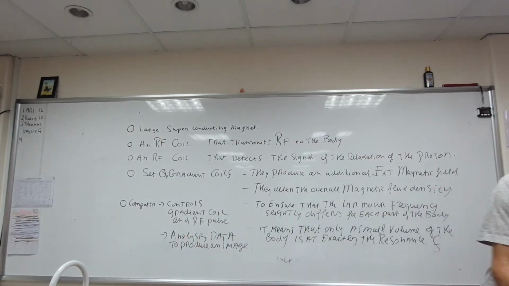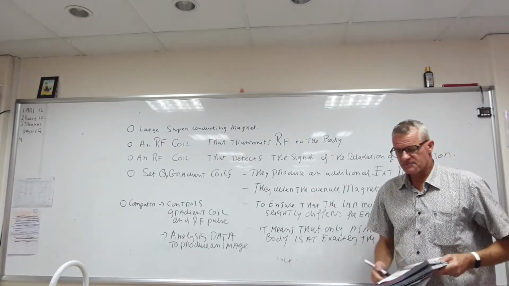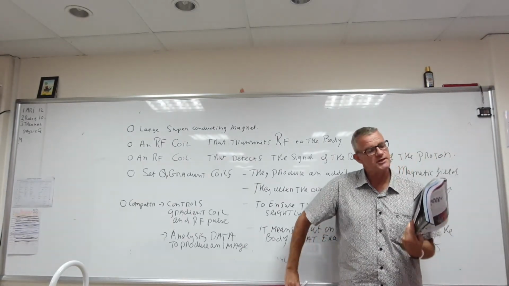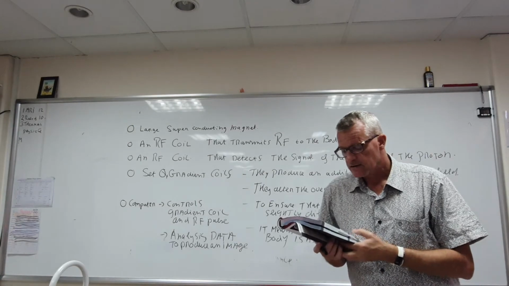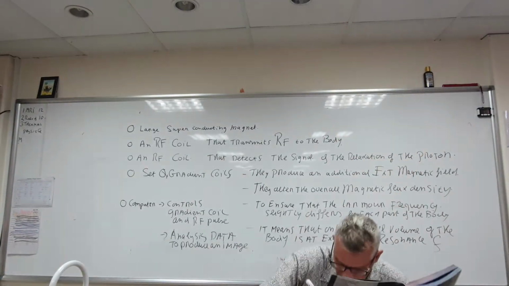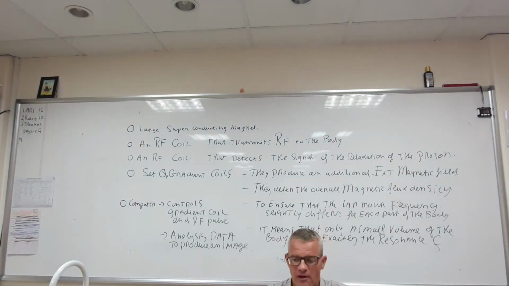So the image that will be produced is slice to slice, and you can see one image on page 524.